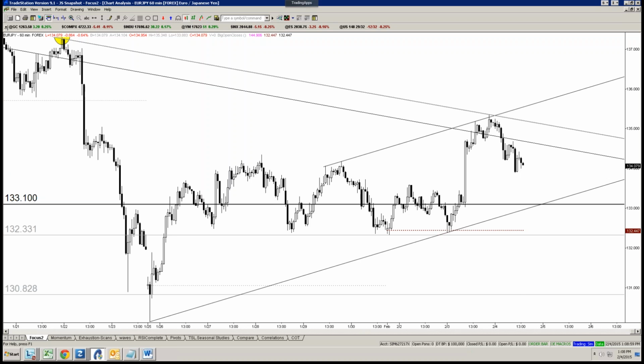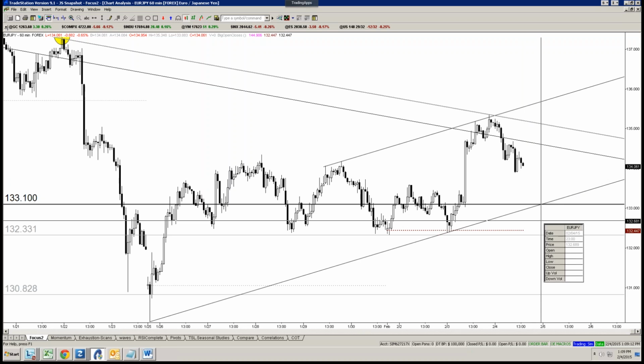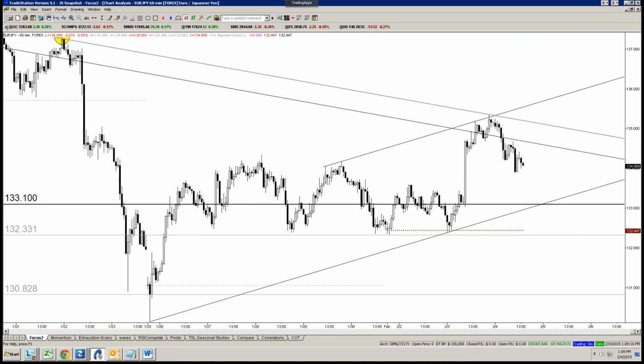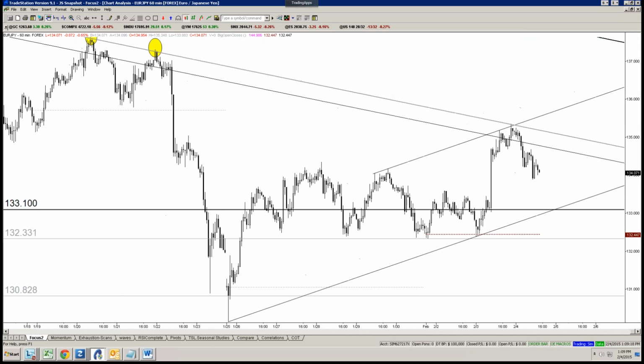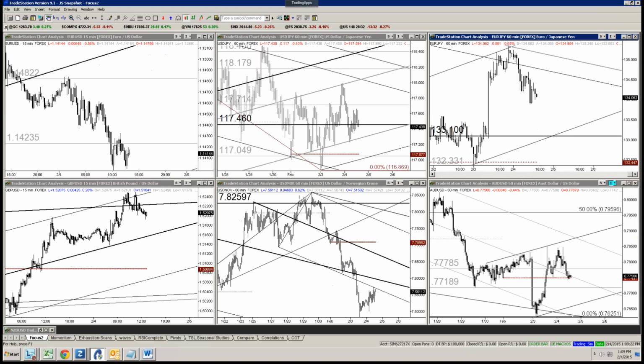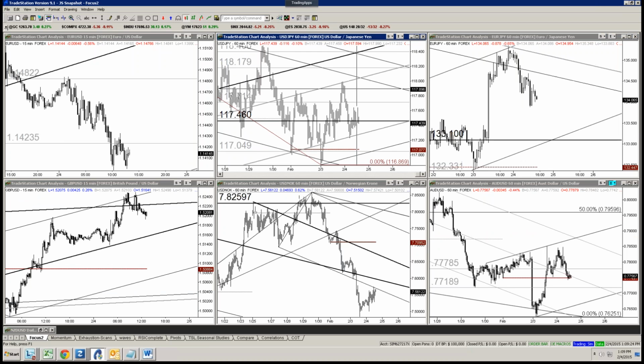If this area comes in, the market comes down here and gets support at some point tonight, it would be a level to trade off of, to position for along with a tight stop. So that's what I will be looking at going into this evening in euro-yen. Now, what else?